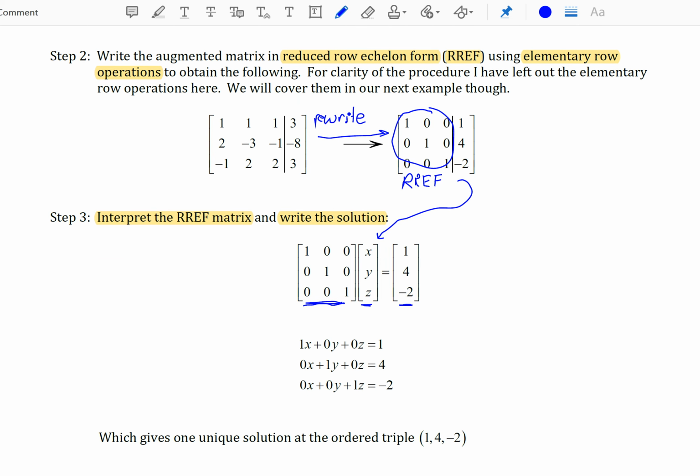If we were to perform our matrix multiplication, so again, take that first row of A times that column vector of variables, this would be 1 times x plus 0 times y plus 0 times z equals 1.